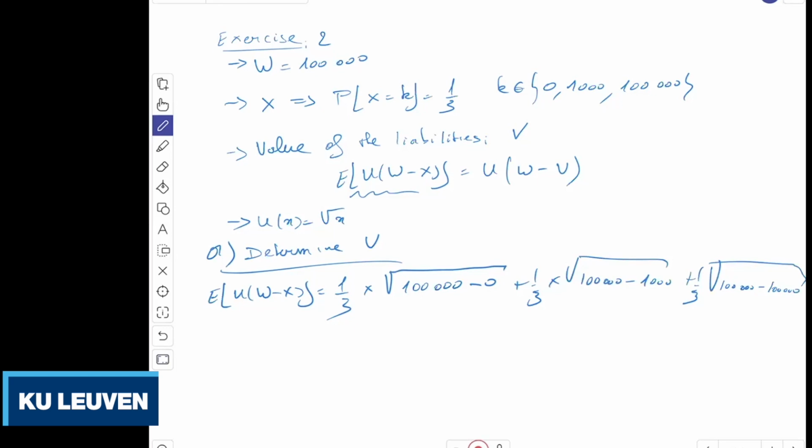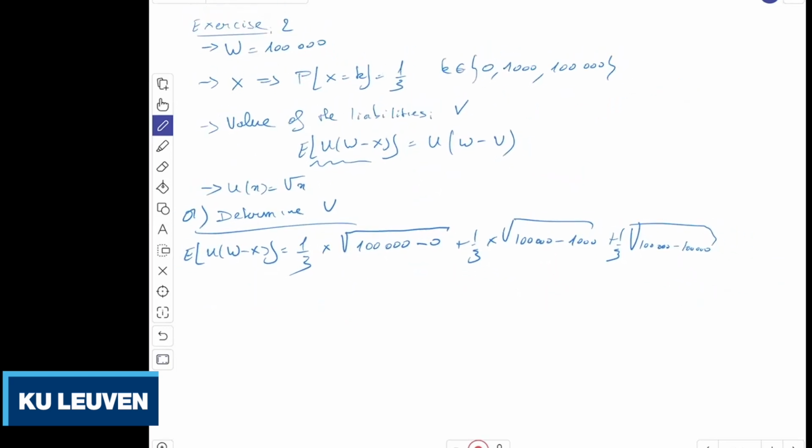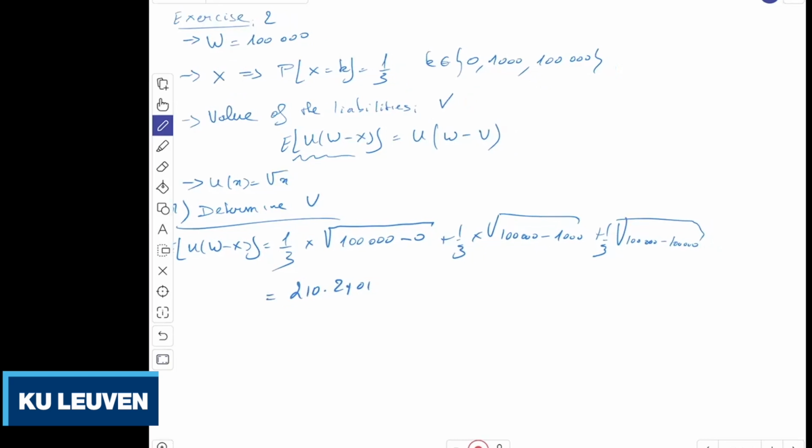Everyone agrees with these calculations? I hope so. You put that in your calculator and you find 210.2901. Then you take this equation and you find that V is equal to W minus U inverse of the expected utility.